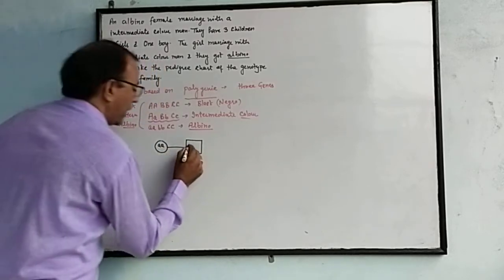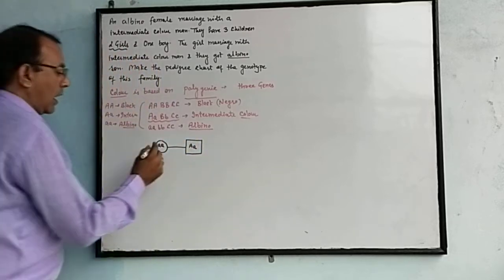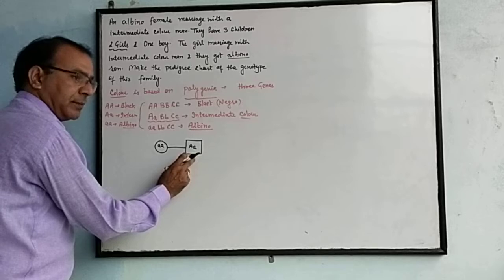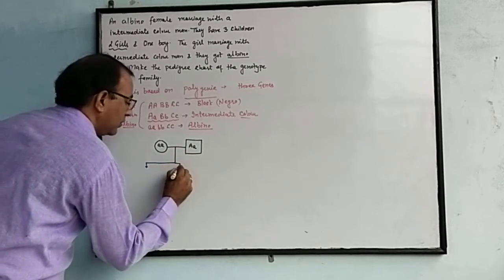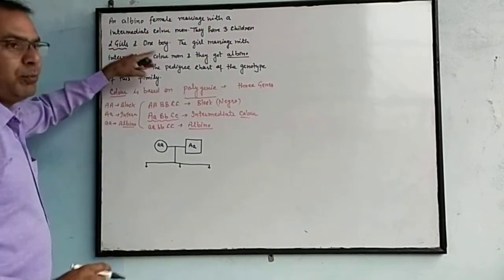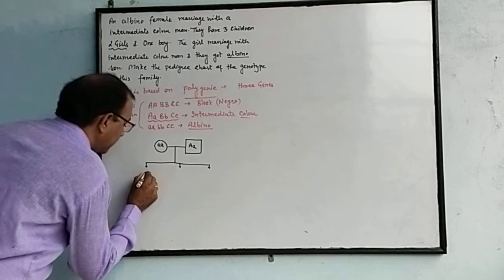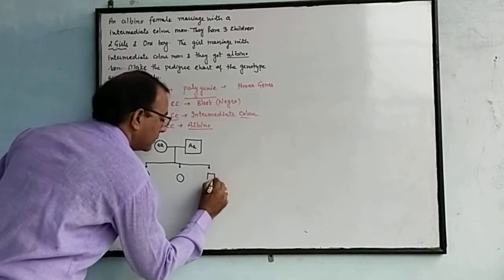Intermediate means one capital A and one small a. From both parents they got three progeny, three children: two girls and one boy. Girls are represented by circles.